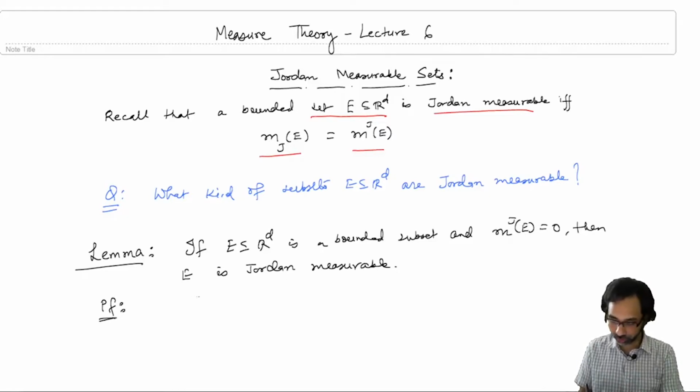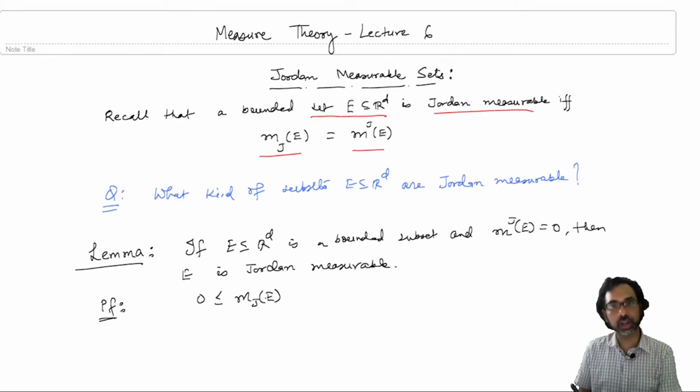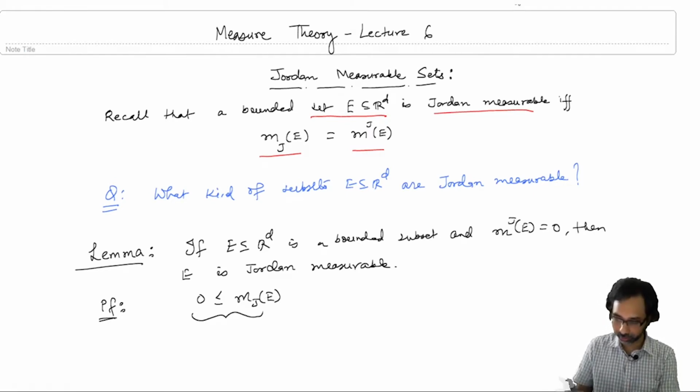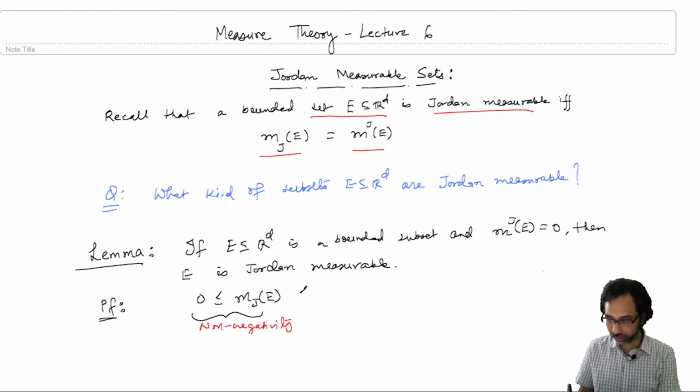This is because we already know that our inner Jordan measure is always non-negative. This is the non-negativity property. And then we have that the inner Jordan measure is bounded above by the outer Jordan measure of E.